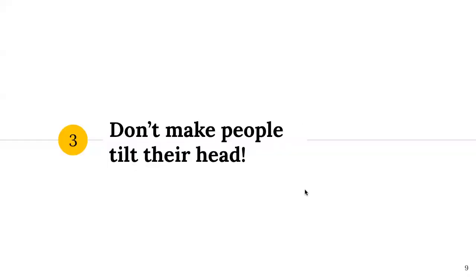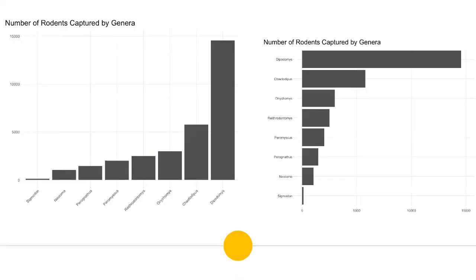We already started. Another thing is what Dr. Theobald was saying: don't make people tilt their head. Here's a good example of another way you can think of that. Here I'm plotting, and this is technically not penguins, these are rodents. But they have really long genus names.